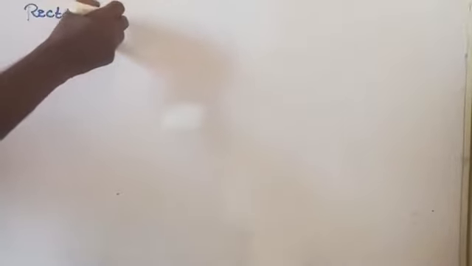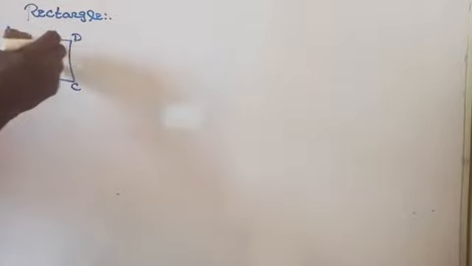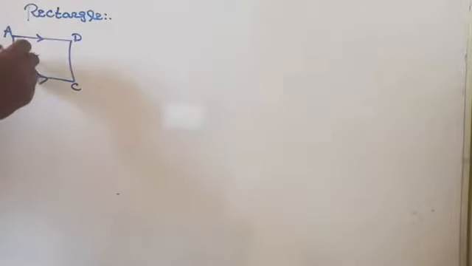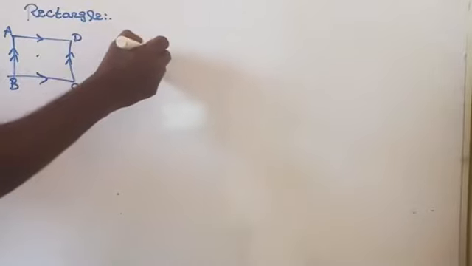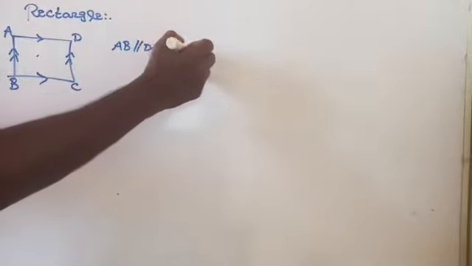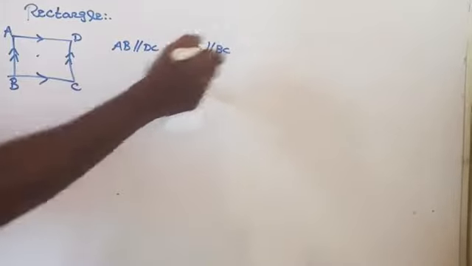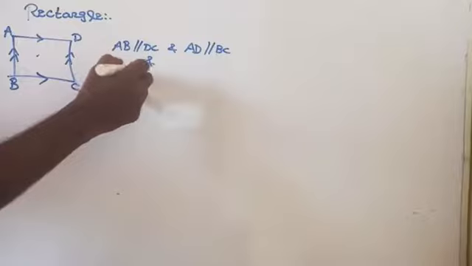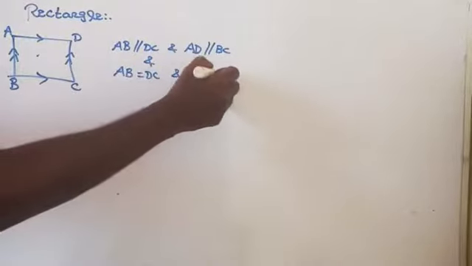Now, I will tell you the properties of a rectangle. In a rectangle, two pairs of opposite sides are parallel and equal. That is AB is parallel to DC and AD is parallel to BC, and AB equals DC, AD equals BC.